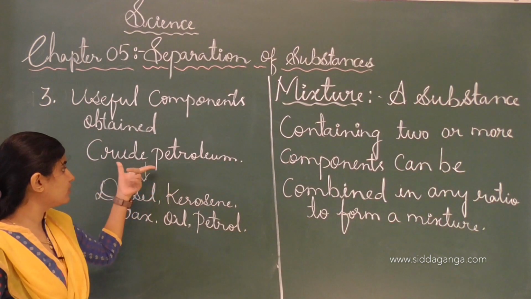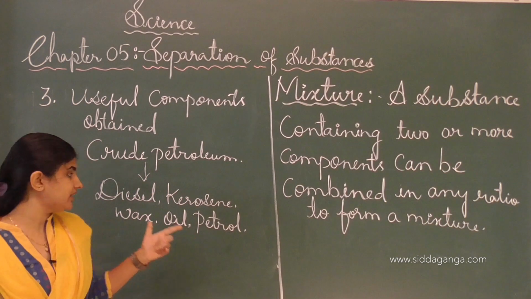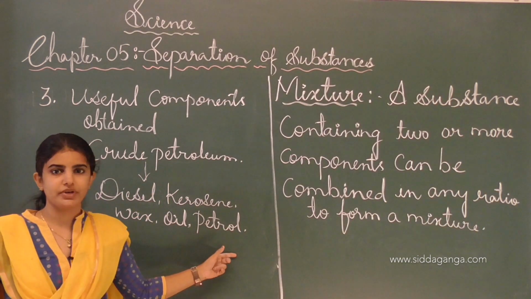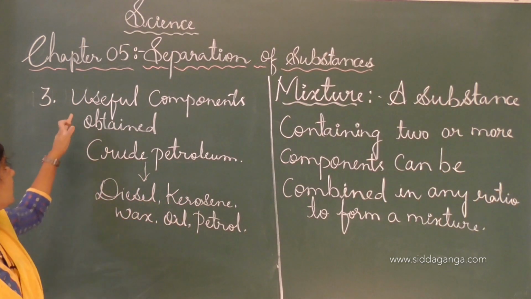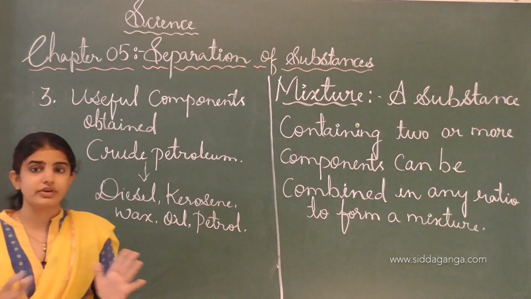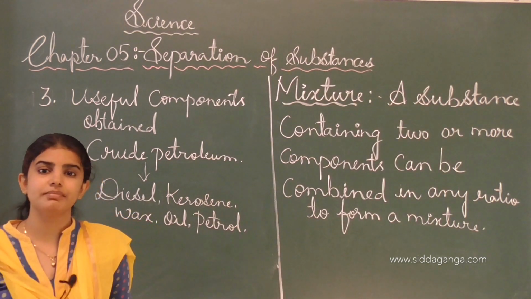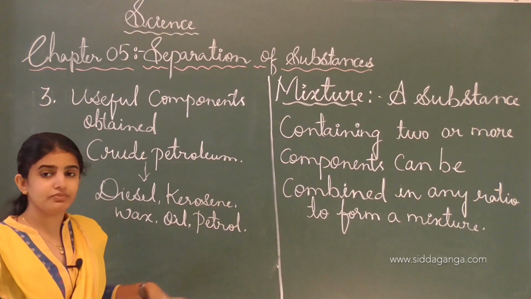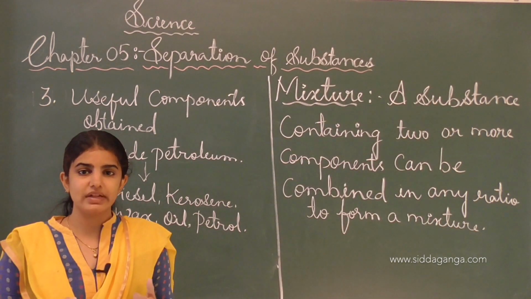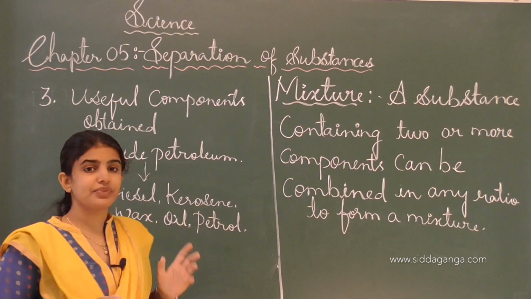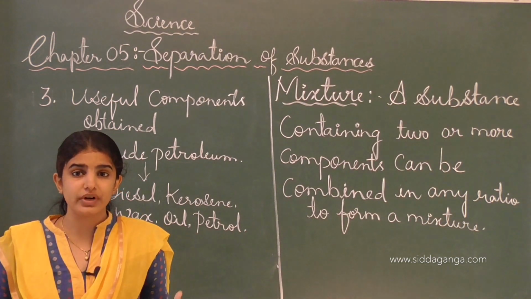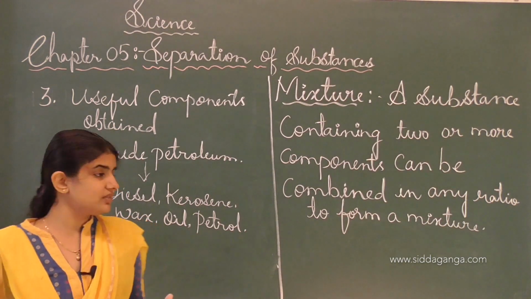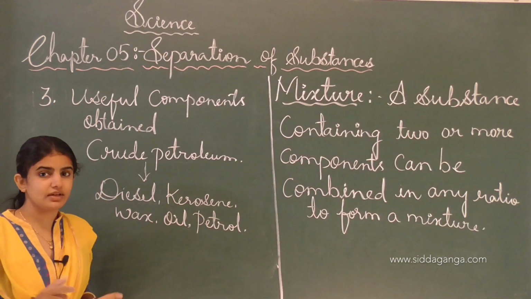See, the crude petroleum is a mixture which contains different types of components. In the third purpose, useful components we have to separate out from the mixture. These diesel, kerosene, wax, oil, petrol have many uses, like petrol, diesel, kerosene which help to run vehicles, and the wax is also used for many other purposes.